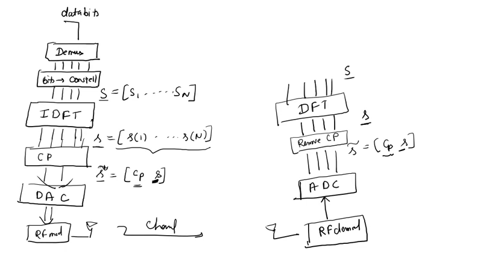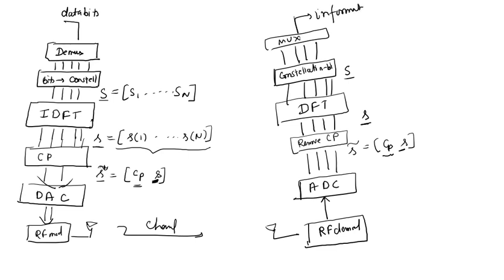And then we do constellation to bit mapping, and it will be provided to a mux, and all the information which you have transmitted will be received at the receiver. So let's quickly see why we need, or what is, the cyclic prefix.